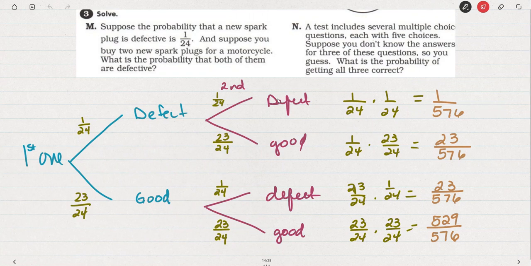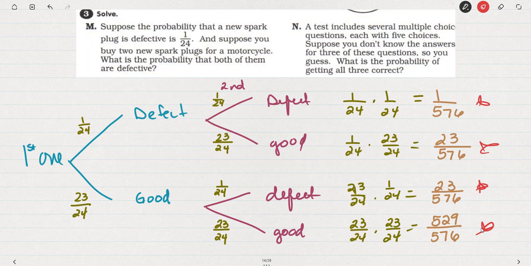And then when we put that in for the second round, we can see that getting 2 defects in a row has a 1 in 576 chance, and then a good and then defect would be 23 in 576. Defect and then good, 23 in 576. Good and then good again, 529 out of 576.